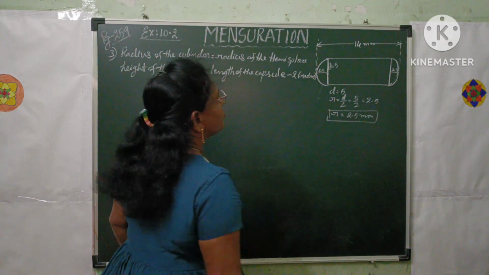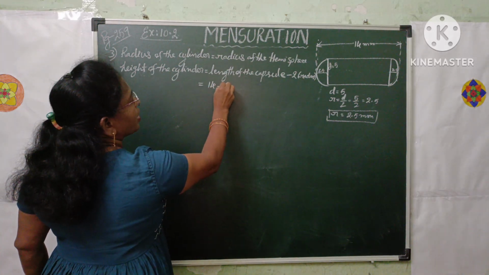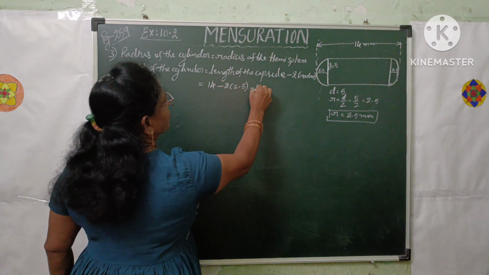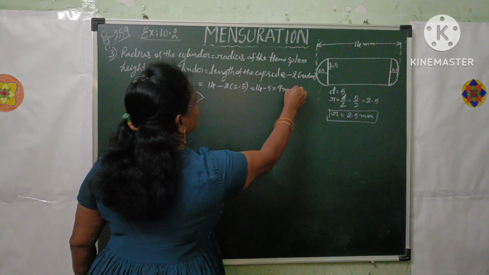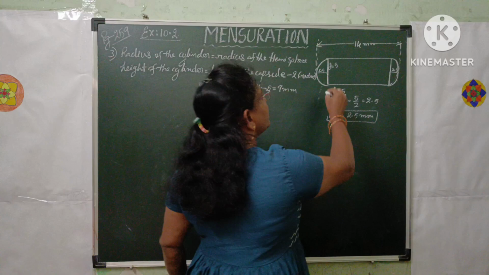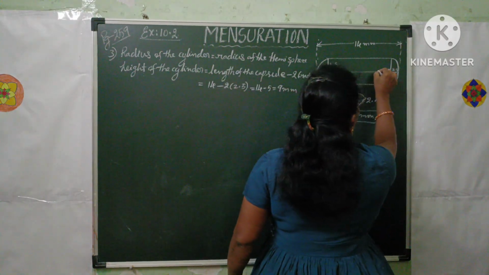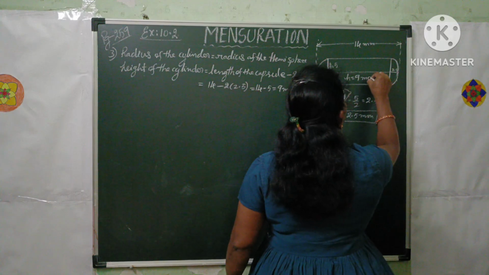Okay, 2 radius we need to subtract. So the length of the capsule is 14 mm minus 2 into radius 2.5. That is equal to 14 minus 5, equal to 9 millimeters. So the height of the cylinder is equal to 9 millimeters.